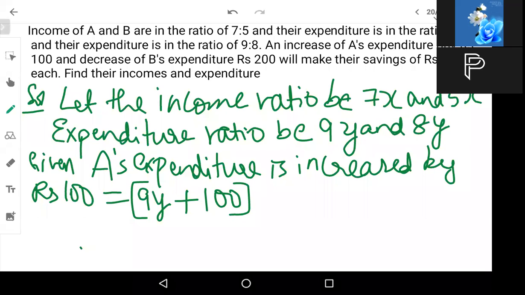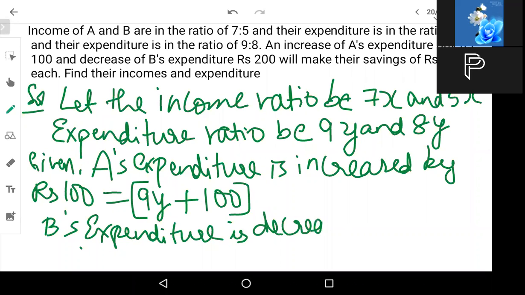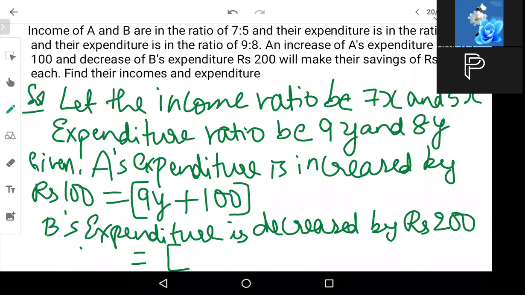And B's expenditure is decreased by rupees 200. So what is B's expenditure? 8y.